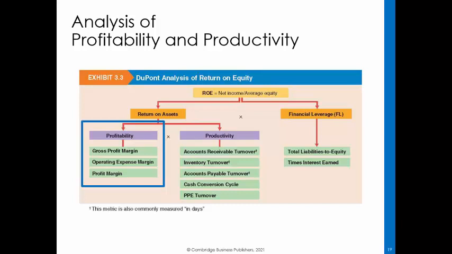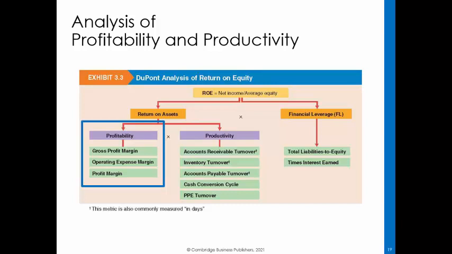A company increases profit margin by increasing its gross profit margin and/or reducing its operating expenses as a percent of sales. Asset turnover will be discussed next and is the sales level generated from each dollar invested in assets. A company increases asset turnover by increasing sales volume with no increase in assets and/or by reducing assets invested without reducing sales.